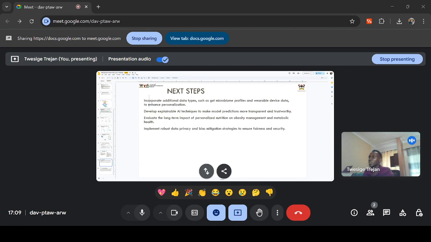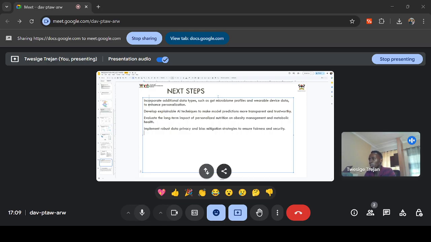Then the next steps would definitely be incorporating additional data types, which is one of the challenges we talked about. Then maybe developing explainable AI techniques to make model predictions more transparent and trustworthy to the users. Then evaluating the long-term impact of personalized nutrition on obesity management and metabolic health.